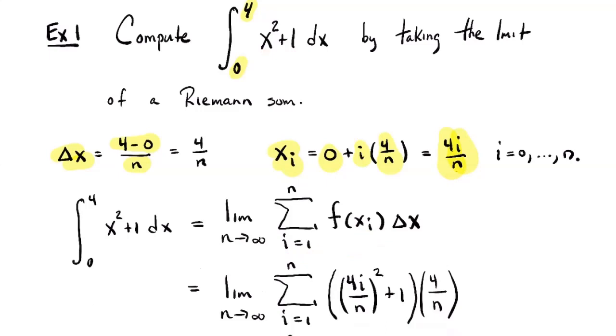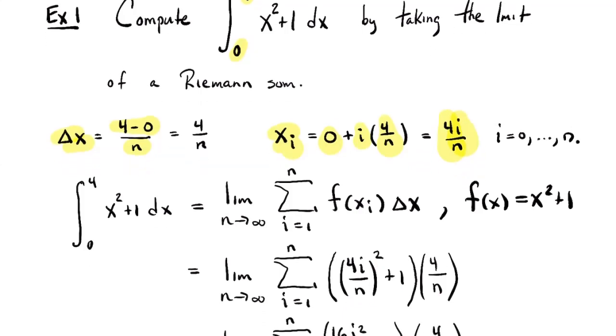So if f of x is x squared plus 1, let me write it out here. f of x is x squared plus 1. xi is 4i over n, so f of xi looks like (4i over n) squared plus 1. And I have to multiply that by my delta x.